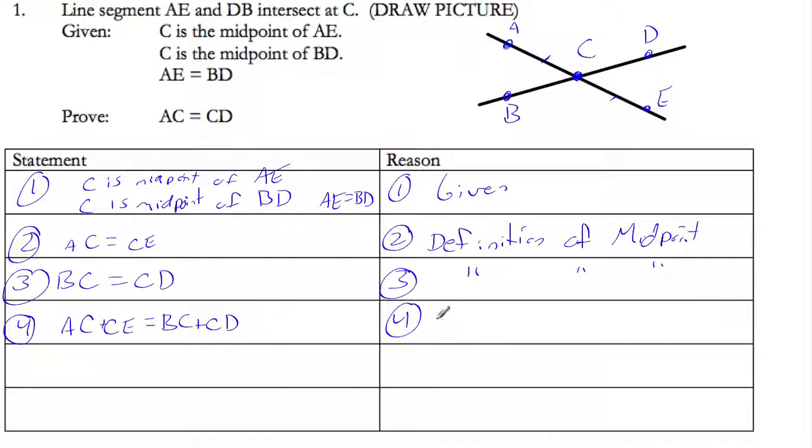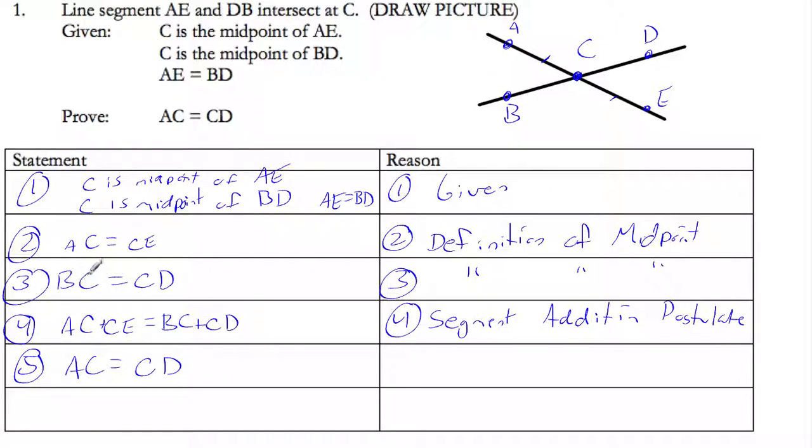And that is the segment addition postulate. Now to get that AC is equal to CD, I can subtract CE and BC from both sides.